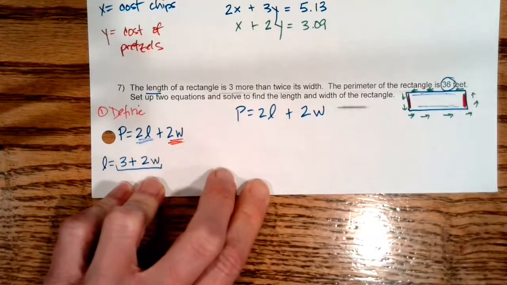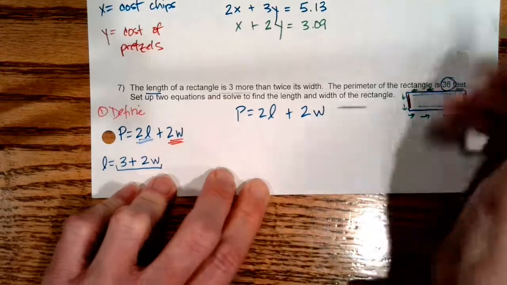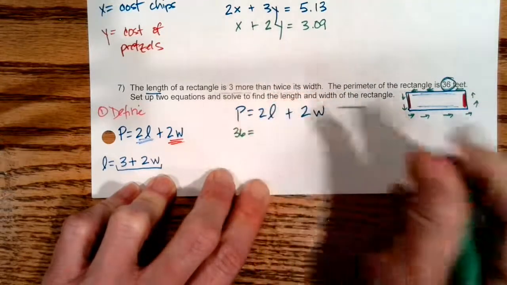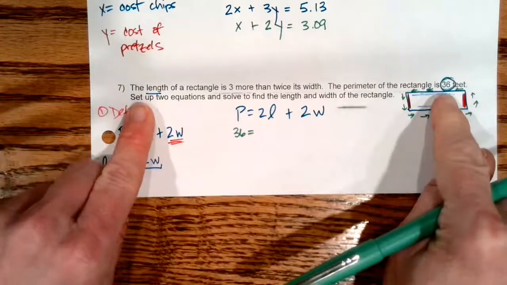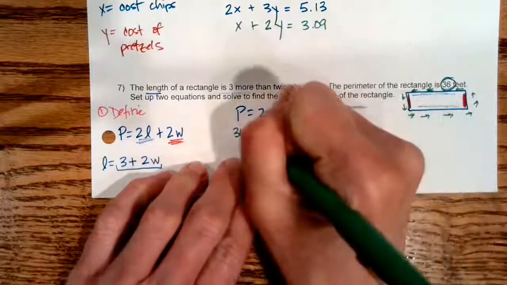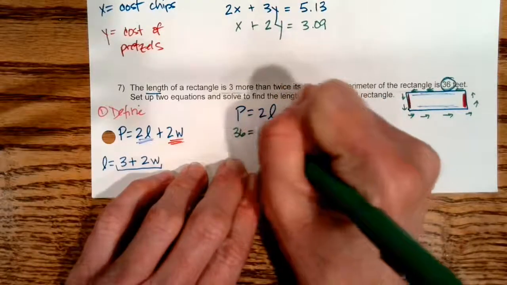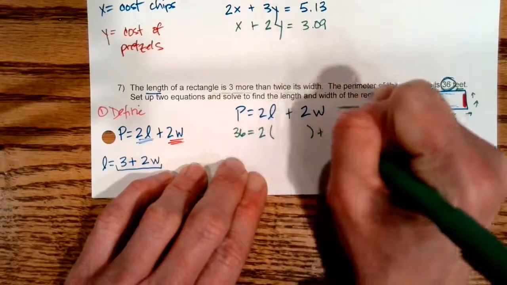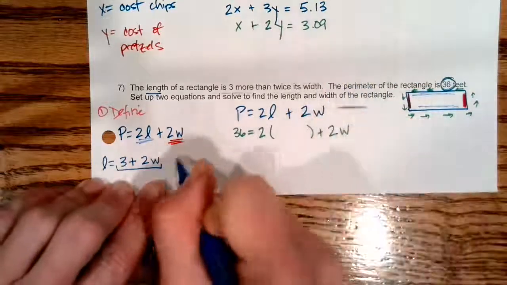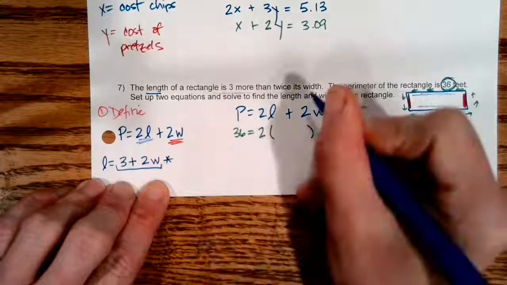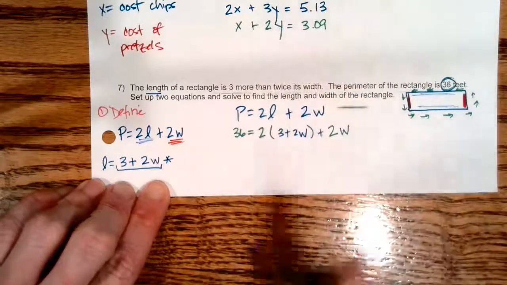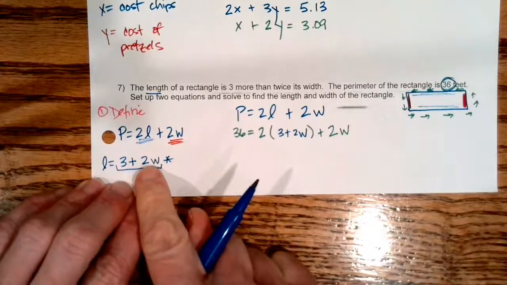So right away, I'm going to take this 36 feet that was the distance I walked around and put that in for my perimeter. So when I have twice the length plus twice the width, I already have this equation over here. So I go ahead and say 3 plus 2w is equal to my length.